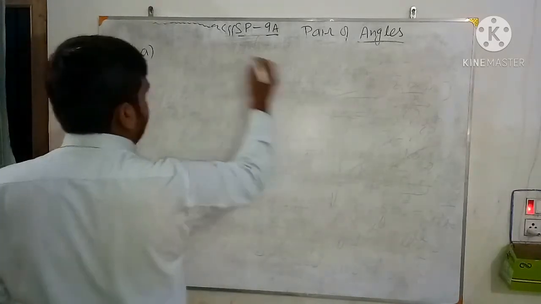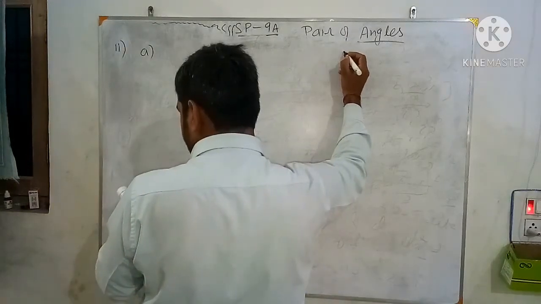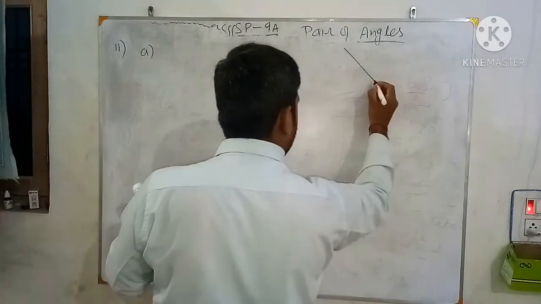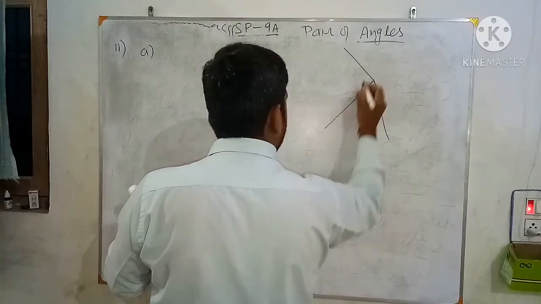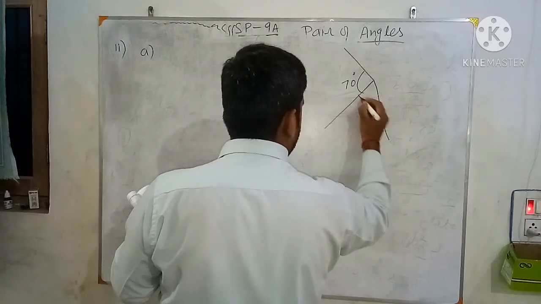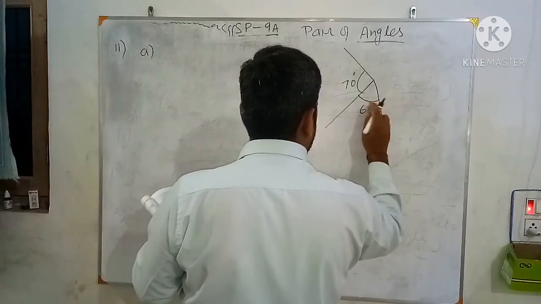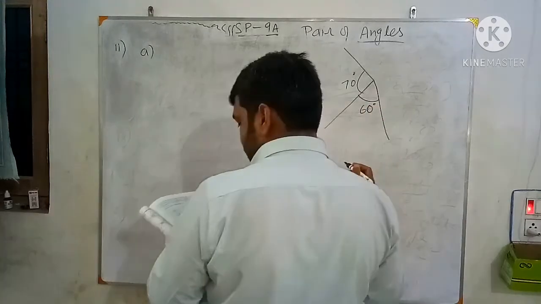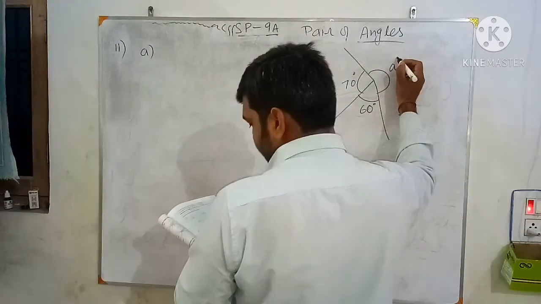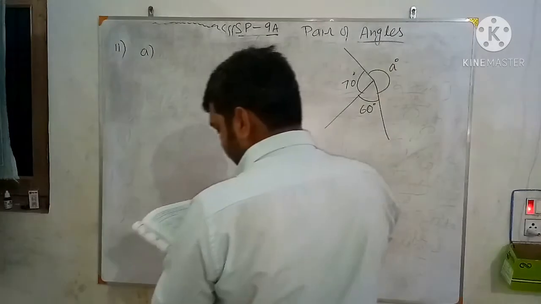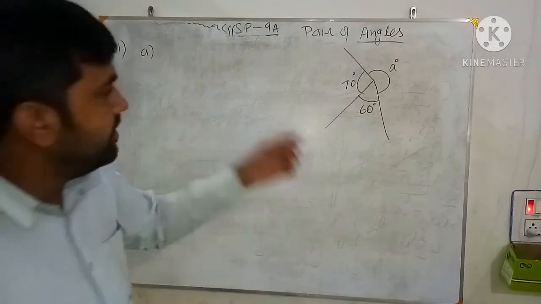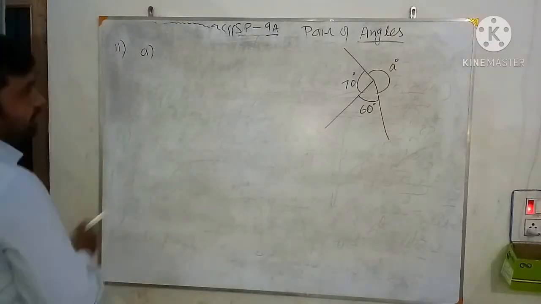So here you see, that is 70 degree, this is 60 degree, and that is angle A. Now we have to find this angle A. Again in this question, the sum of these three angles is a complete angle.